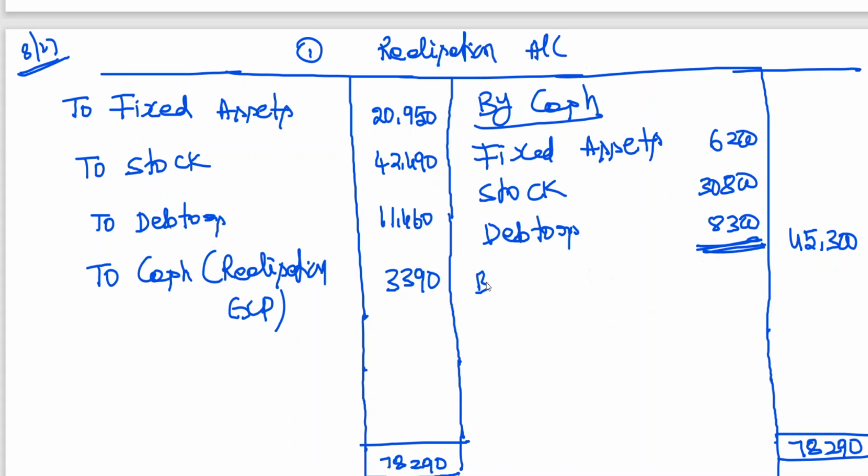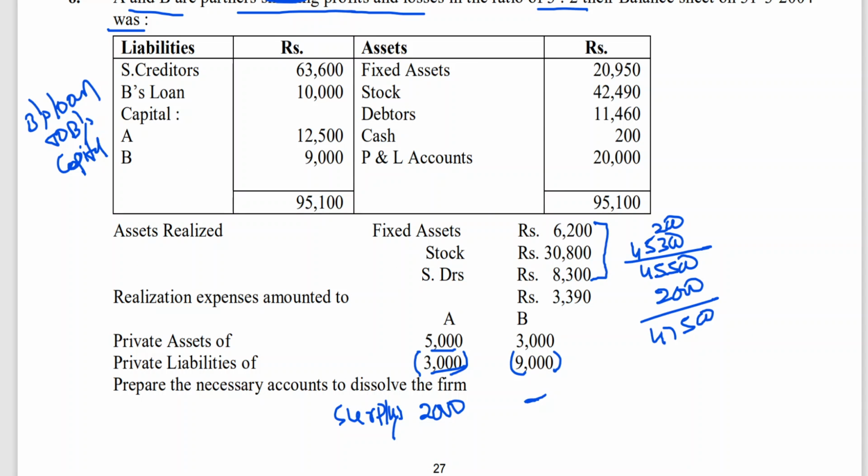This will be transferred to A, B according to their profit sharing ratio, I think that is 3:2. Yes.